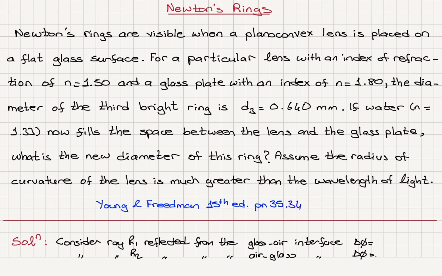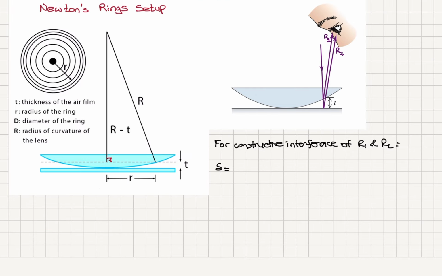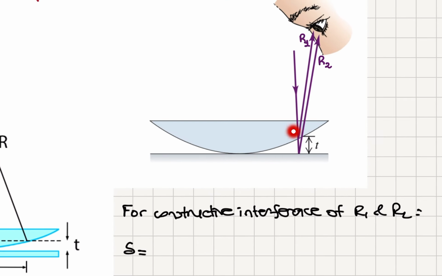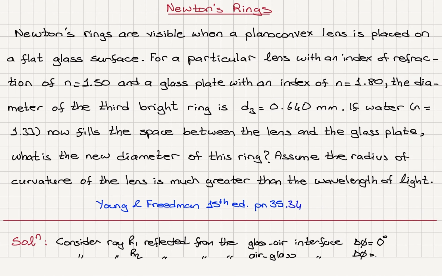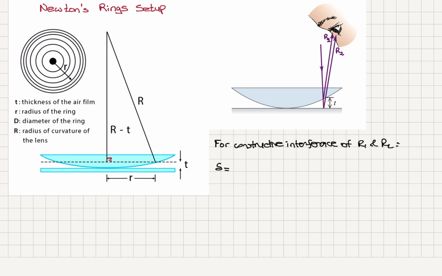That means there's going to be no phase difference, 0 degrees. But on the other hand, if I consider ray 2, which is reflected from the air glass interface, because I go from low index to high index medium, this is going to cause a phase shift in the amount of 180 degrees. Okay, so this is what I have to consider when I look at the interference condition.